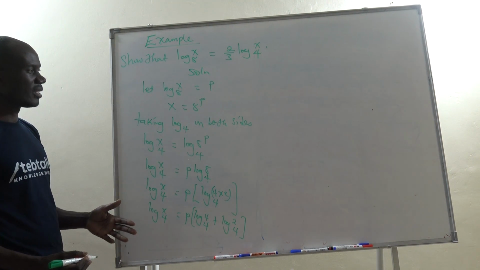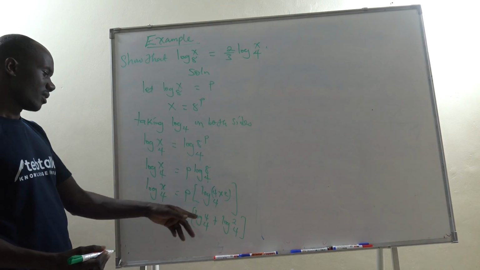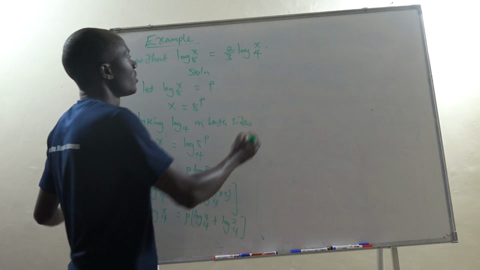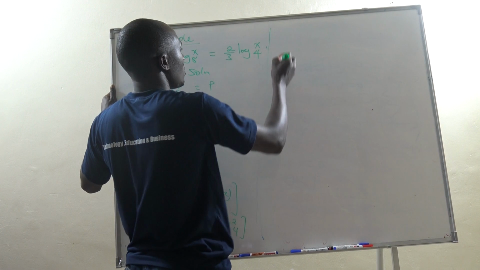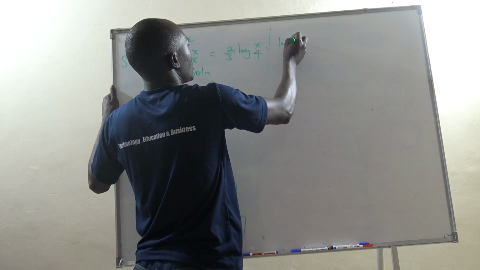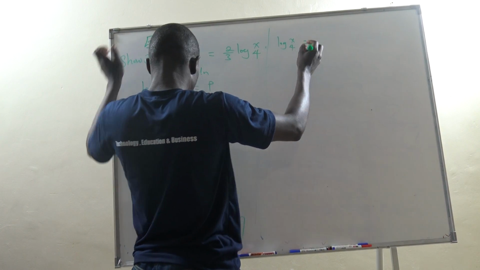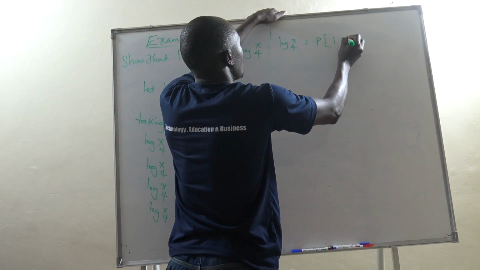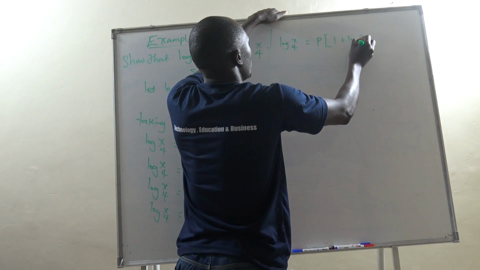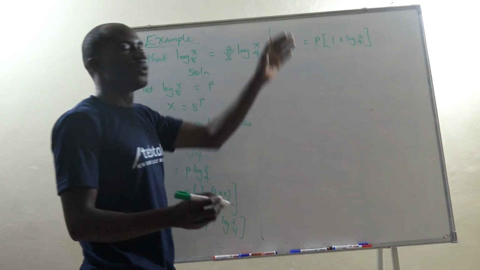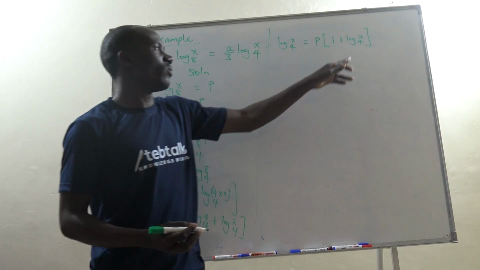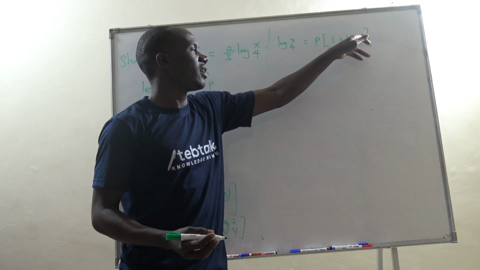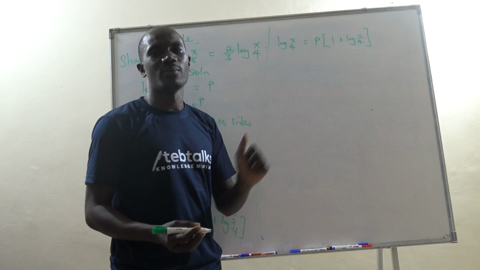So what happens is this. Log of 4 base 4 is the same as 1. So we are having log x base 4 equals p into 1 plus log of 2 to base 4. Now, think of a number. When I put it here, it brings the same after.